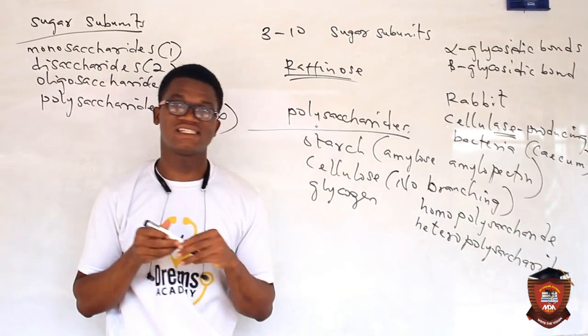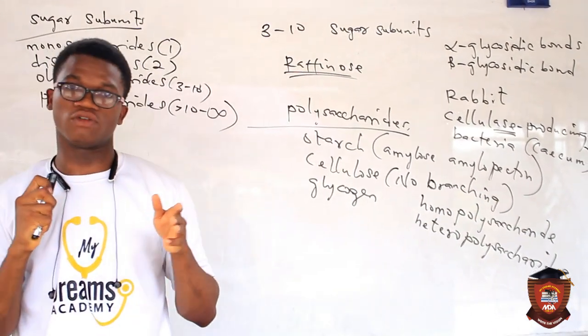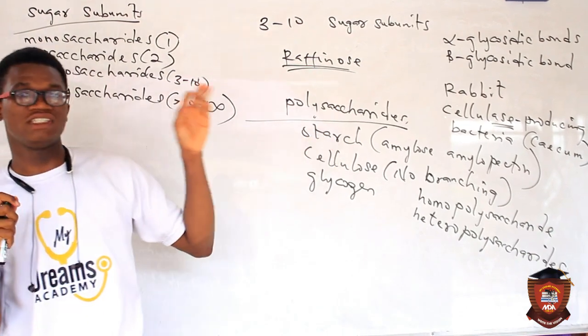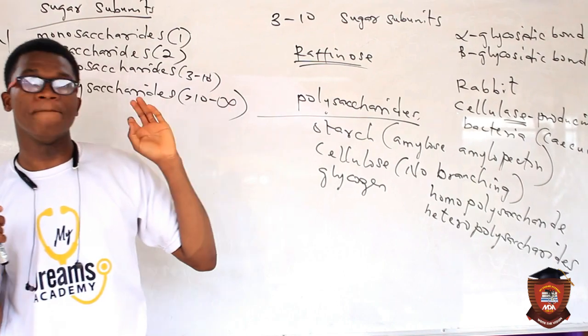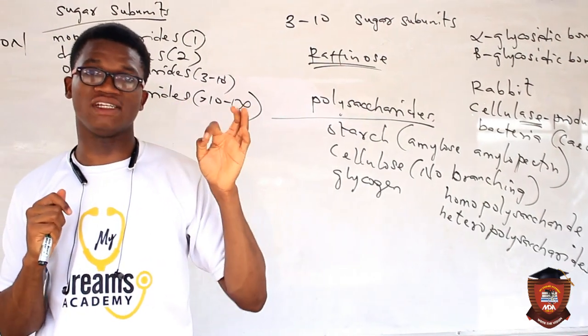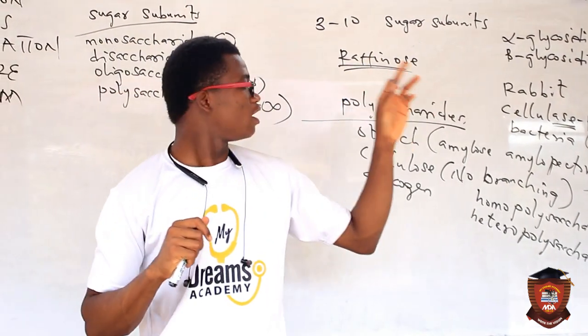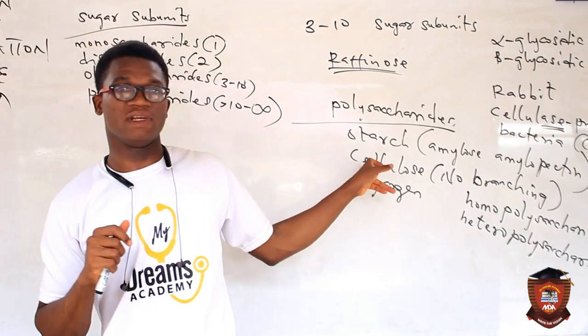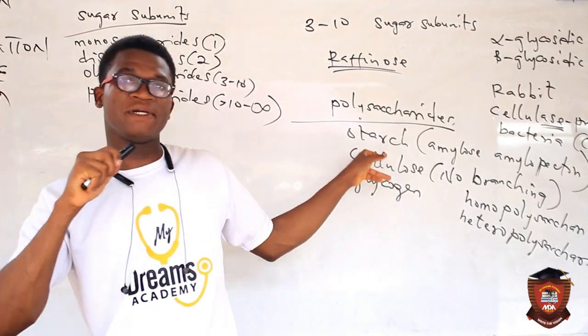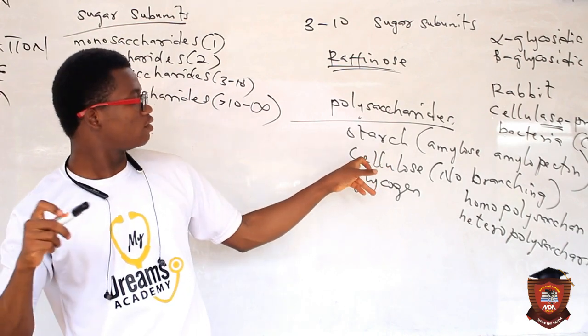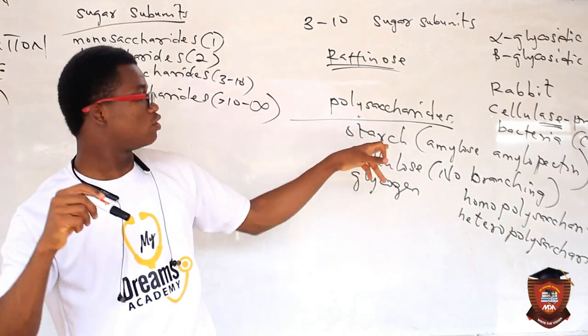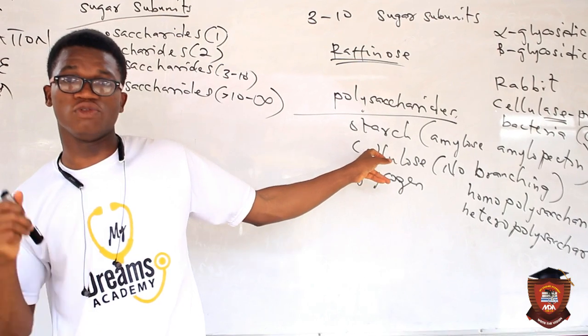Cellulose is a straight giant molecule, as opposed to starch, which is a branched giant molecule. But both starch and cellulose are made of glucose subunits and multiple glycosidic bonds. Cellulose has an industrial application. What you know as sellotape is made up of cellulose. So cellulose is the building material of sellotape. So the name sellotape is from cellulose.